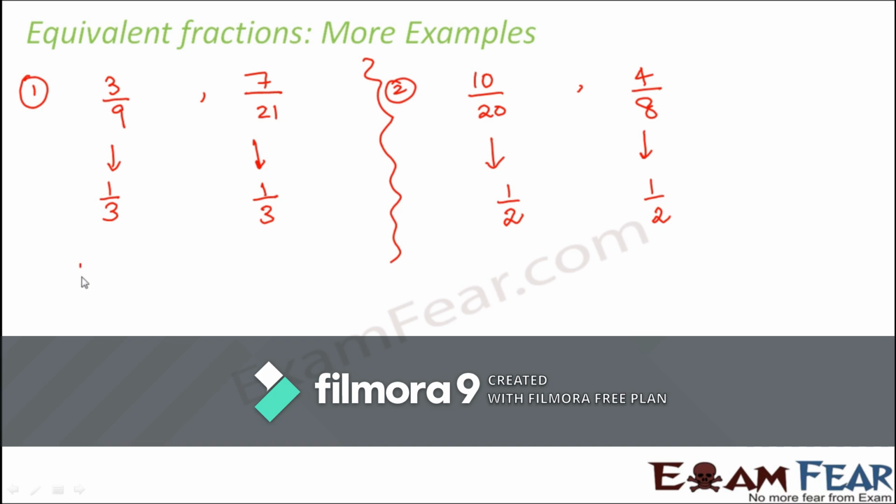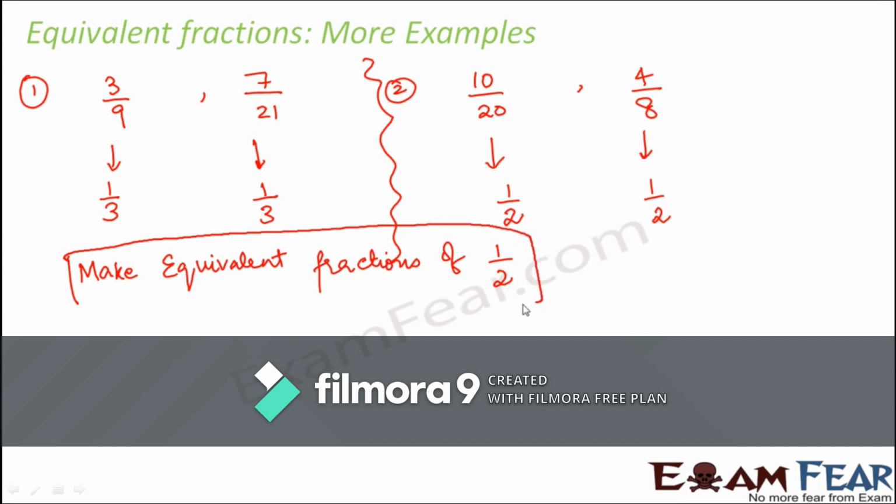Now let us see how we make equivalent fractions. Let's say the task given to you is to make equivalent fractions of 1 by 2. So how can you make equivalent fractions? Now 1 by 2 is the given fraction.